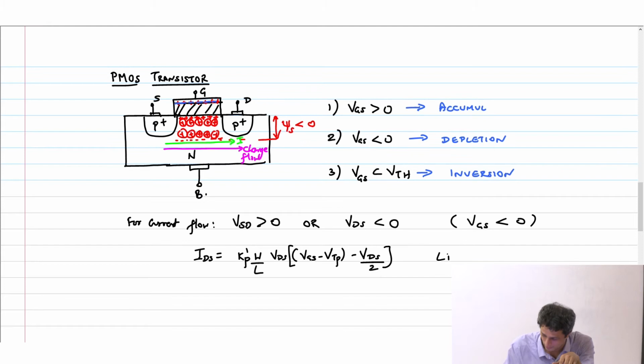This is for linear. And saturation will be Kp prime W by L, VGS minus VTP the whole square.